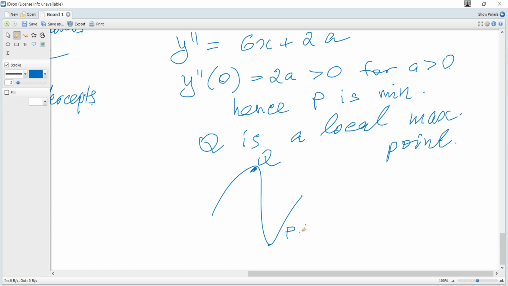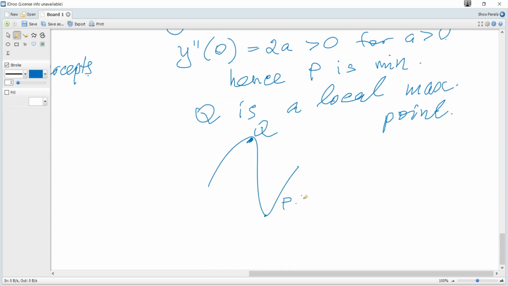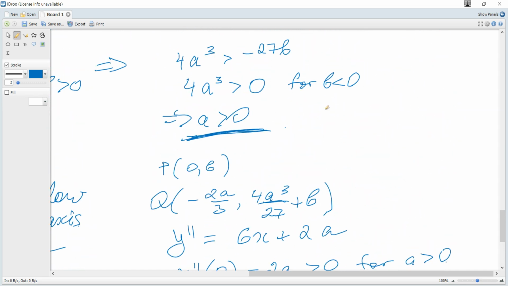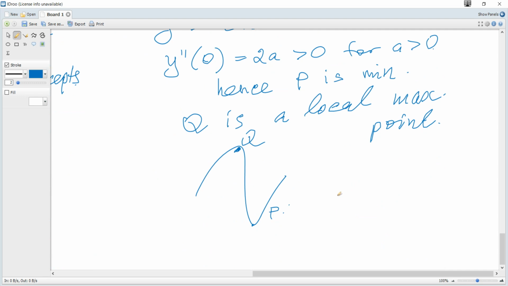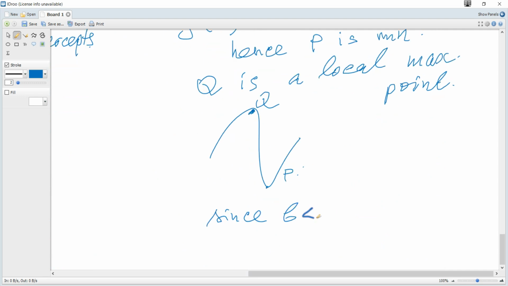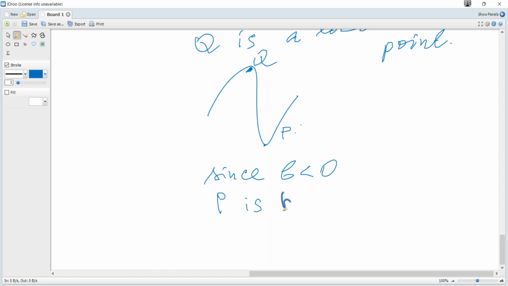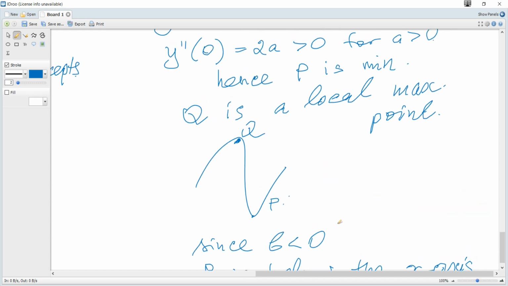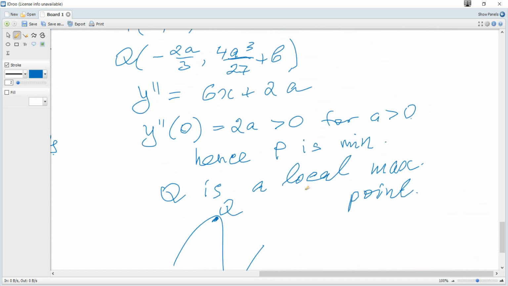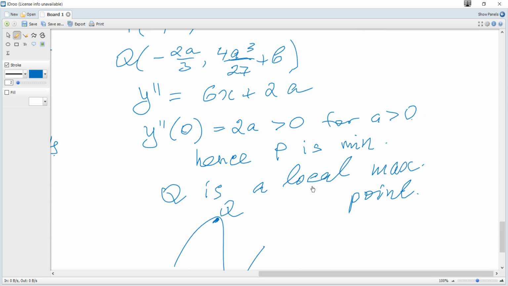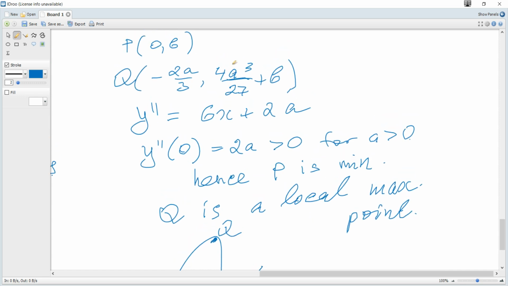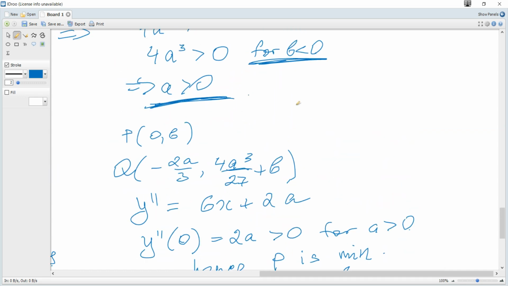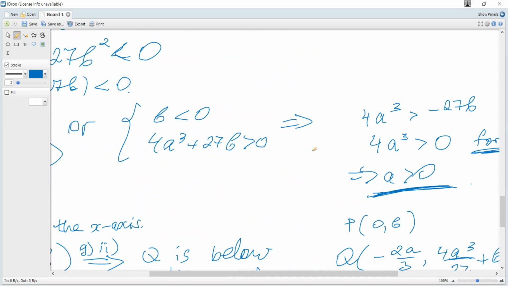P is (0, b), and here b is less than 0, so definitely since b is less than 0, P is below the x-axis. And now we show that Q is above. What does it mean? Its y coordinate 4a cubed over 27 plus b should be greater than 0, but we start with this.